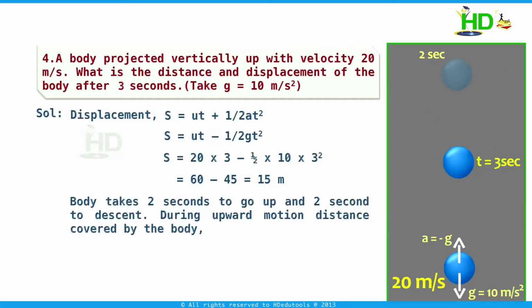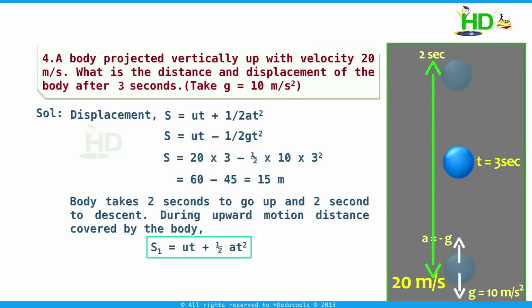The distance travelled is nothing but the total length of the path. That means we have to consider this distance plus this distance. During upward motion, it travels for 2 seconds. During downward, it travels for 1 second. And during upward motion, the distance covered by the body, we can find taking the equation S1 is ut plus half at square.